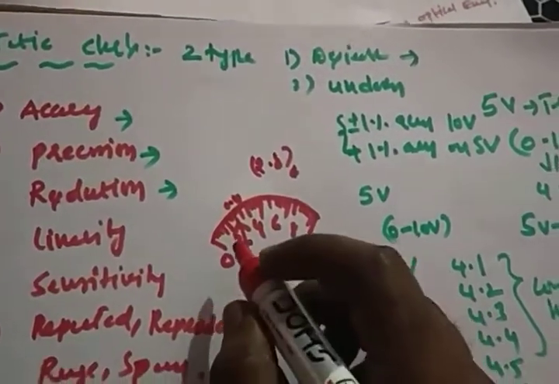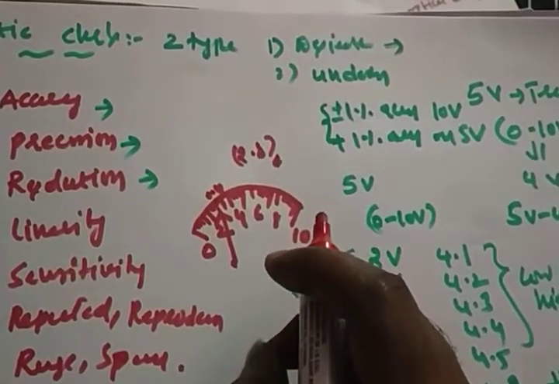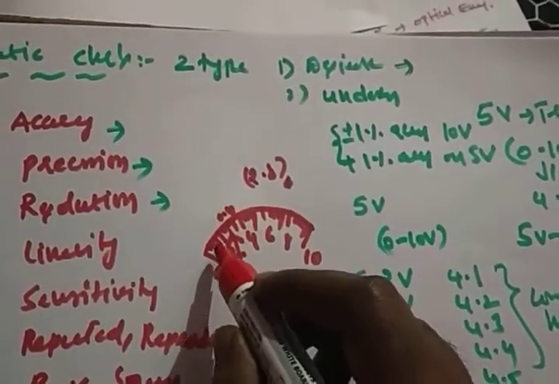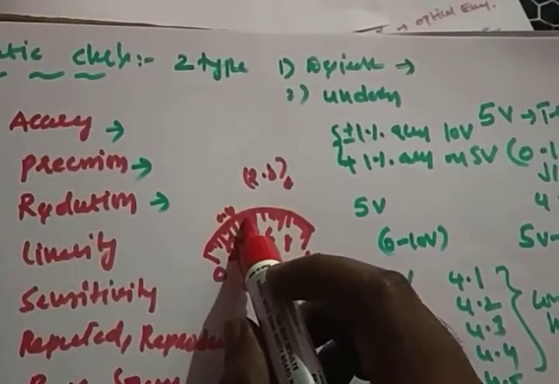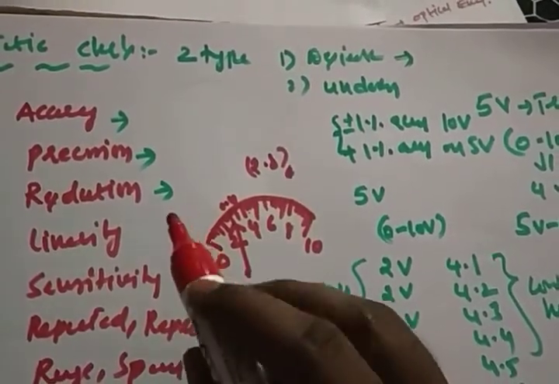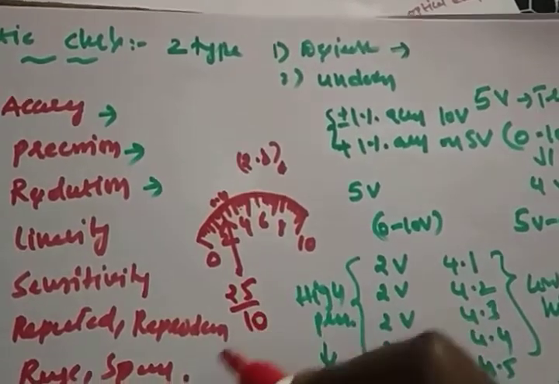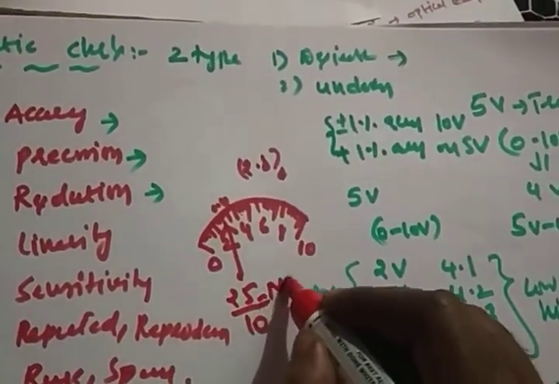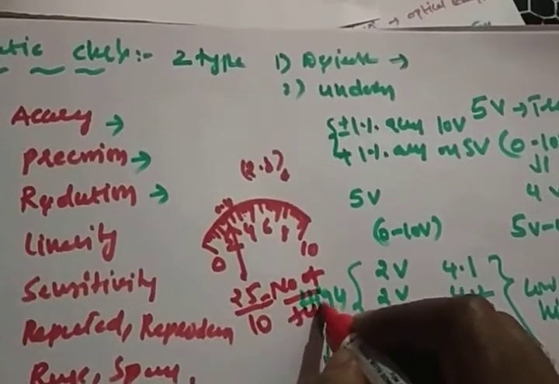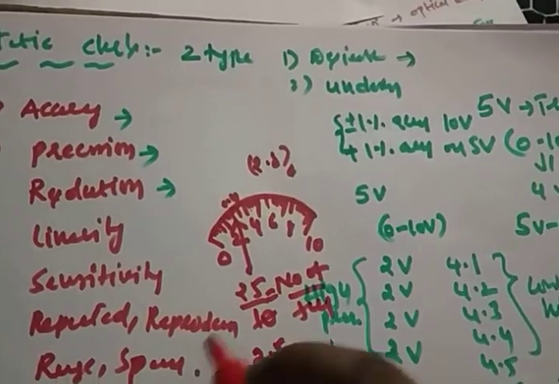What is that? Full scale by number of divisions. There are 5, 10, 15, 20, 25 divisions. So what is the number of divisions? 25. So 10 by 25: each division represents 0.4.